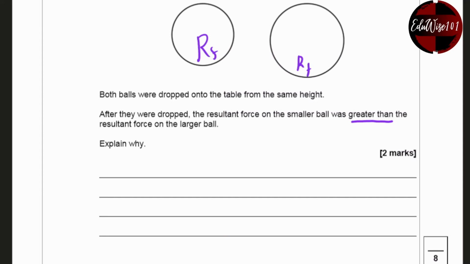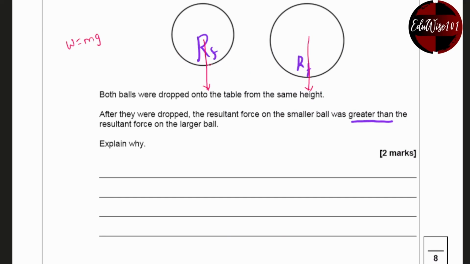Now, because they have the same mass, remember, weight equals mass times gravitational field strength. So this smaller ball and this larger ball will have the same weight downwards.